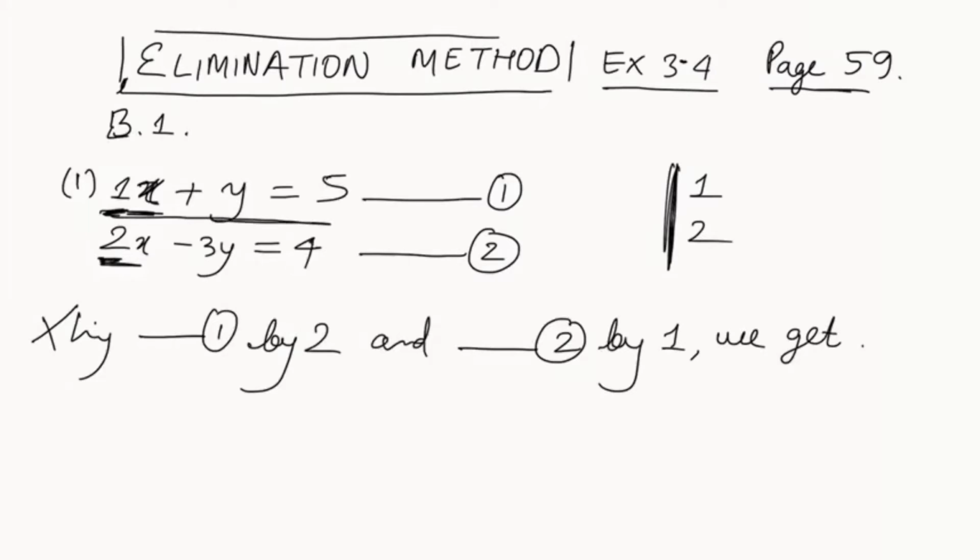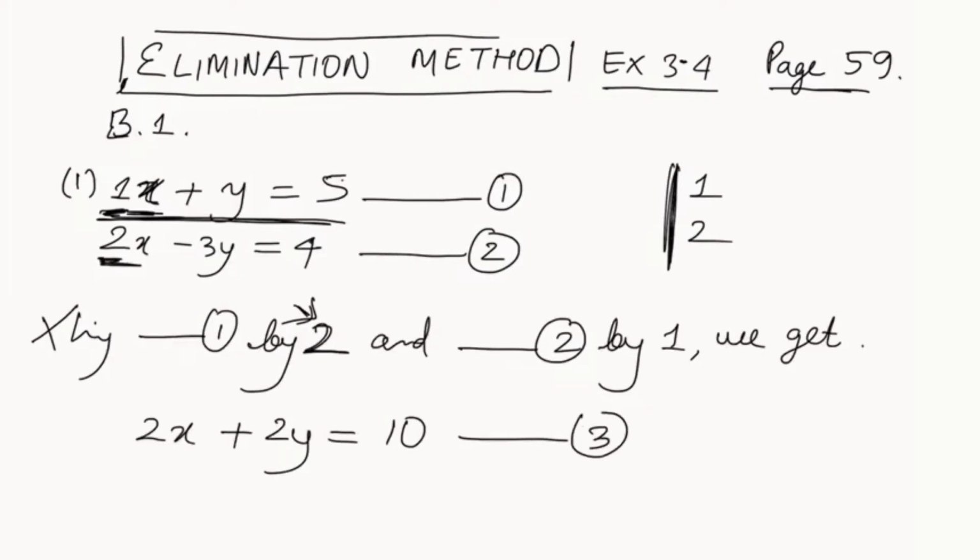We multiply this whole equation by 2. So 1x multiplied by 2 becomes 2x, plus y multiplied by 2 becomes 2y, equals 5 multiplied by 2 becomes 10. Let's name it equation 3.